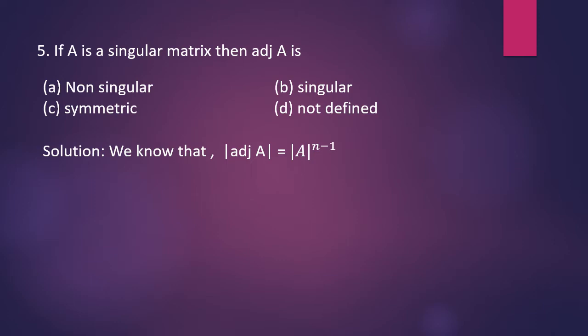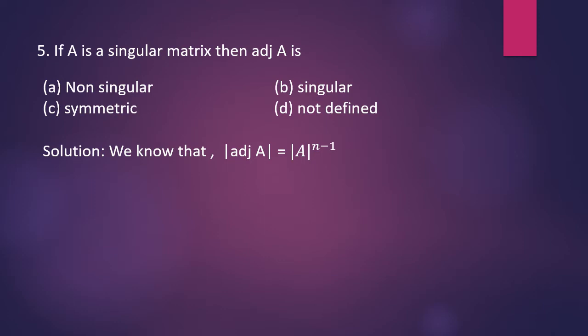That is, determinant of adjoint A is equal to determinant A to the power n minus 1. So here given that A is a singular matrix, implies determinant A is equal to 0.